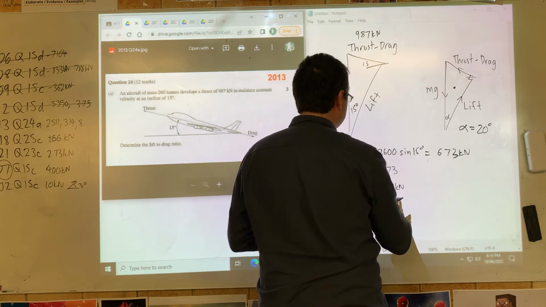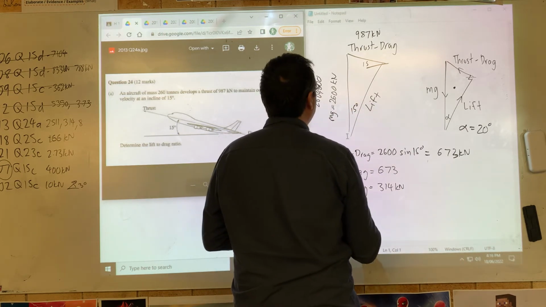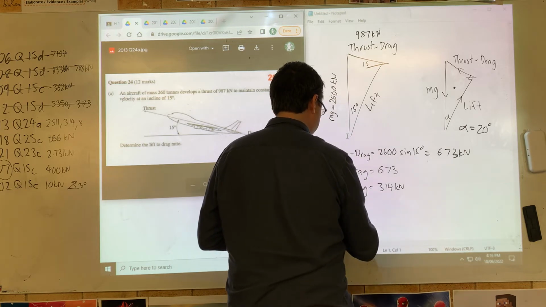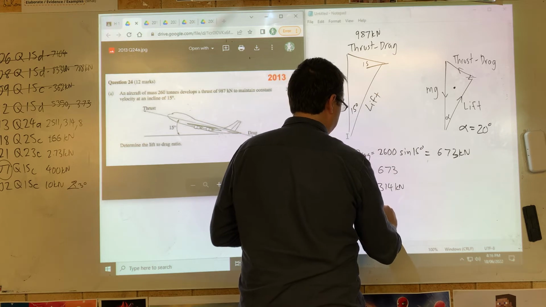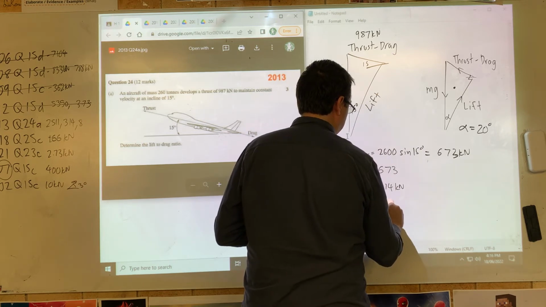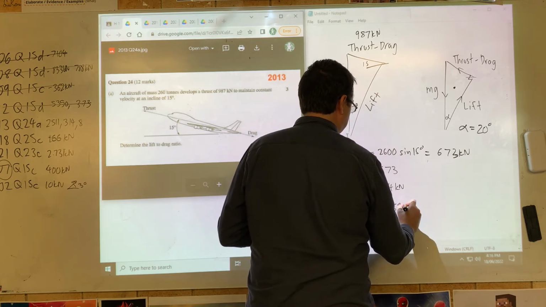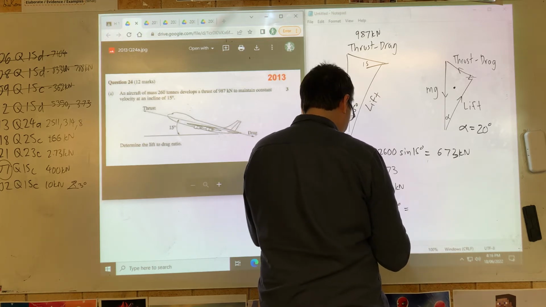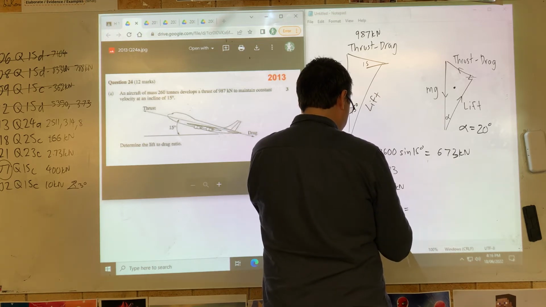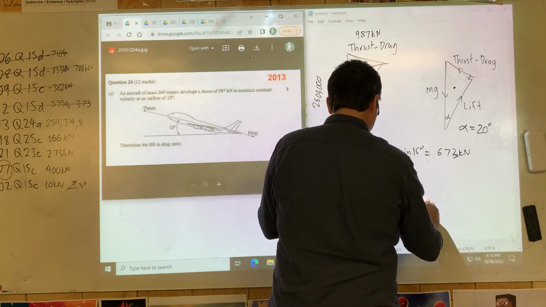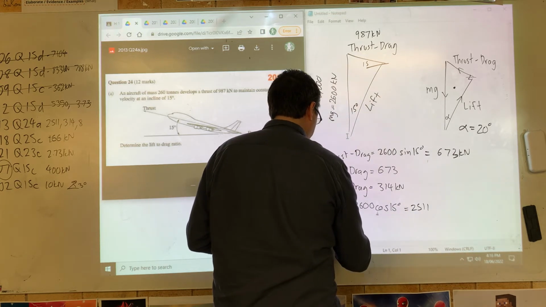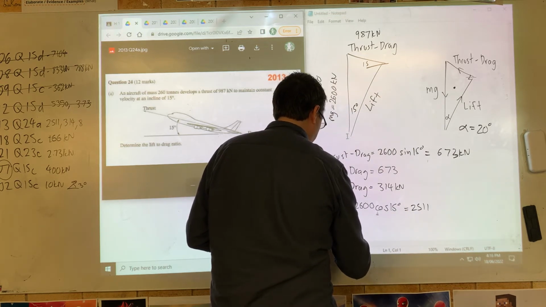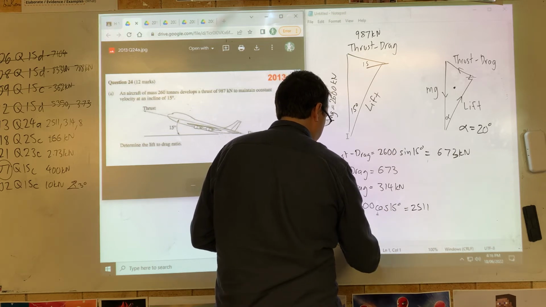Okay, so drag equals 314 kilonewtons, and then our lift equals the same thing, mg cos theta, which is 15 degrees, which is equal to 2600 cos 15 equals 2511.